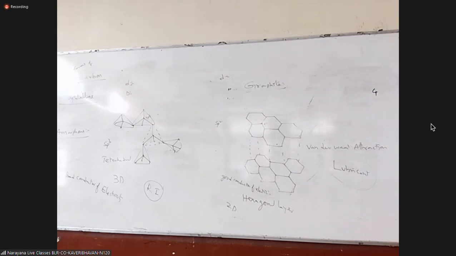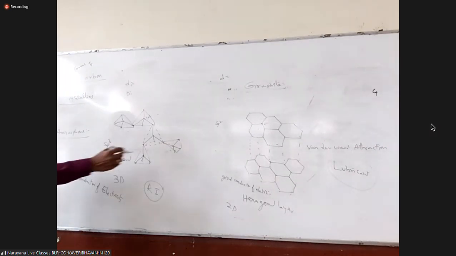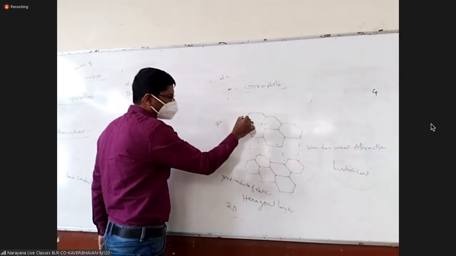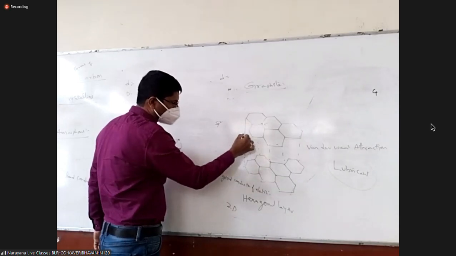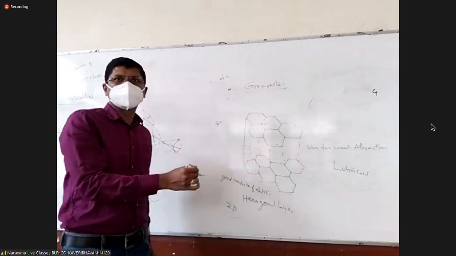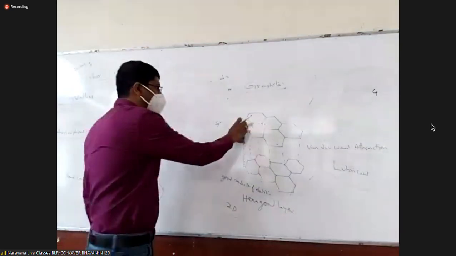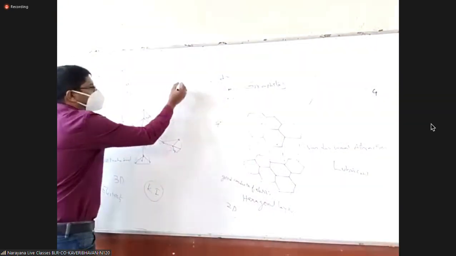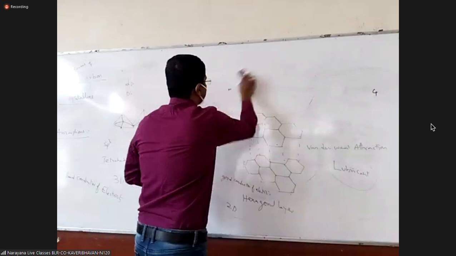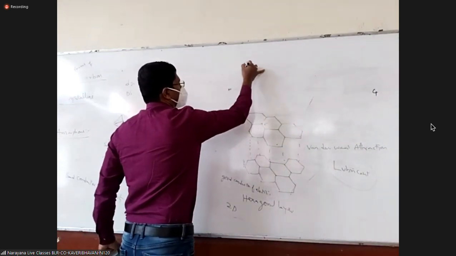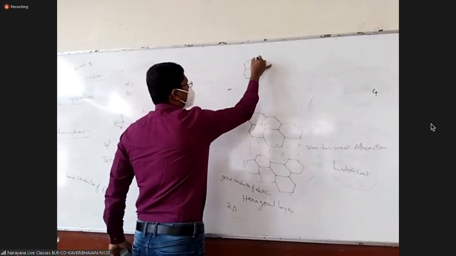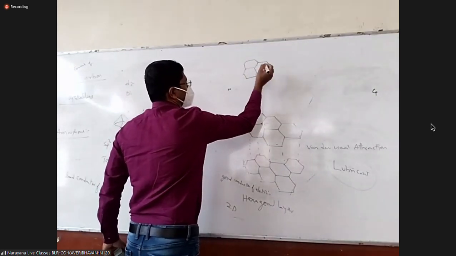And the graphite layers are called what? ABAB type. What does ABAB type mean? Listen here. There is a gap between the two layers. This layer will not be exactly down to this one. One layer will come forward. When you draw, for example, see, this is one layer.